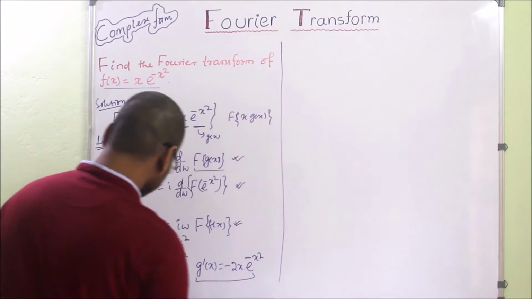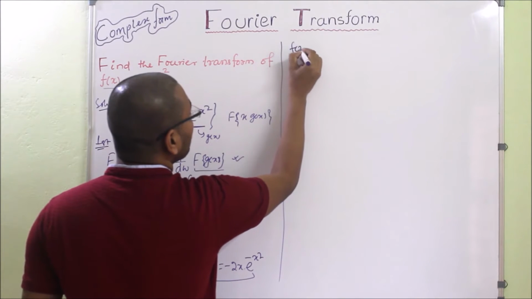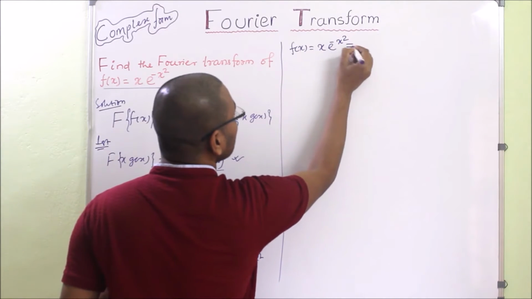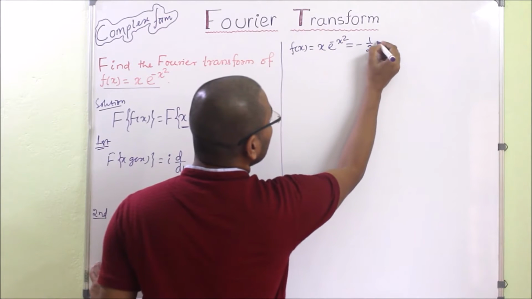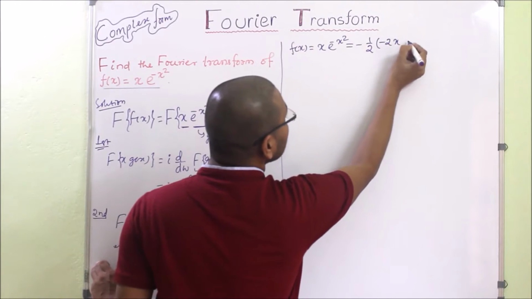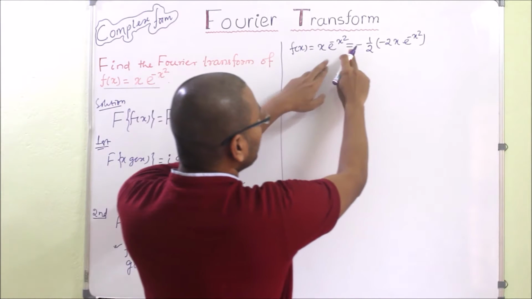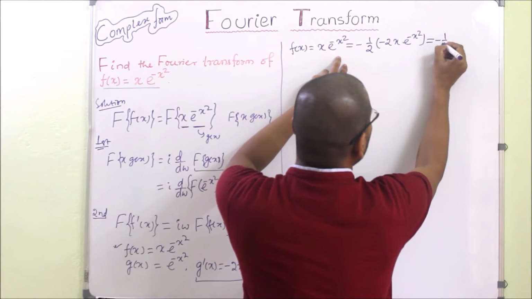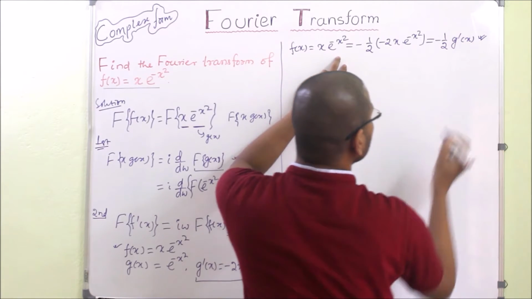It's very easy. f of x is x e to the power minus x square, so this equals, if I multiply minus 1 by 2 into minus 2x e to the power minus x square, we get x e to the power minus x square. So this is nothing but minus 1 by 2 g dash x. So this relation we got.